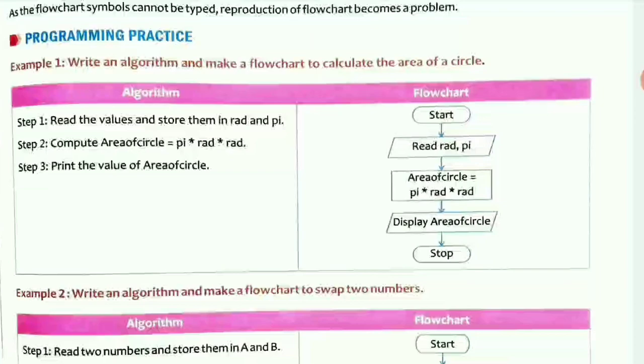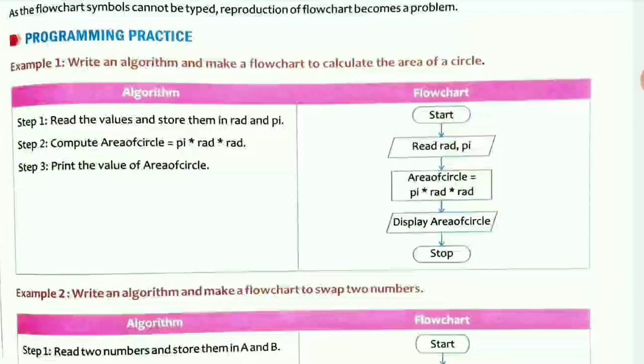Now step 2 is compute the area of circle. Here we are using area of circle as a variable. So area of circle equal to pi into RAD into RAD, it means we are doing the calculation by using the formula pi r square and storing the result in area of circle. Then step 3 is print the value of area of circle.